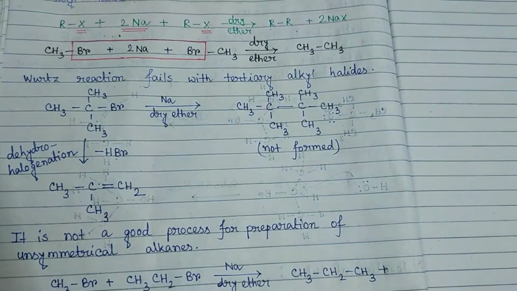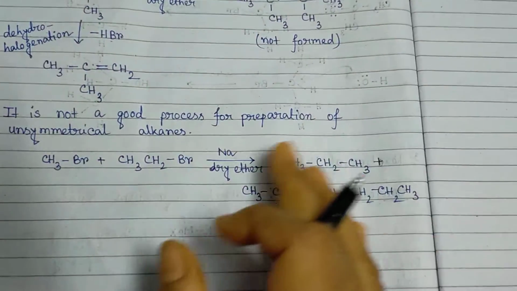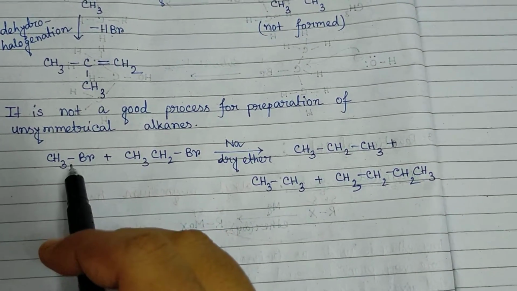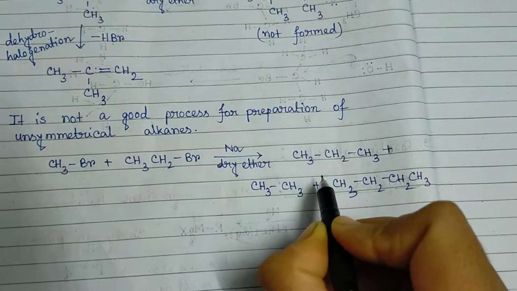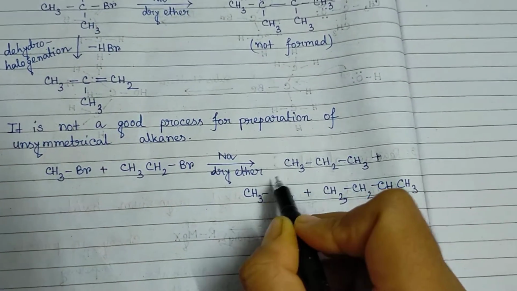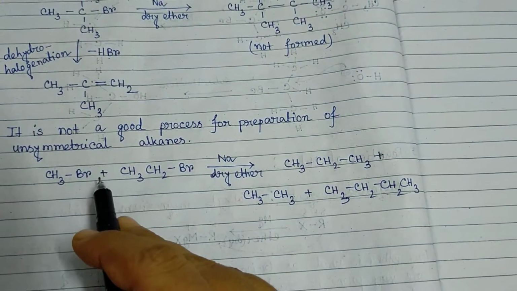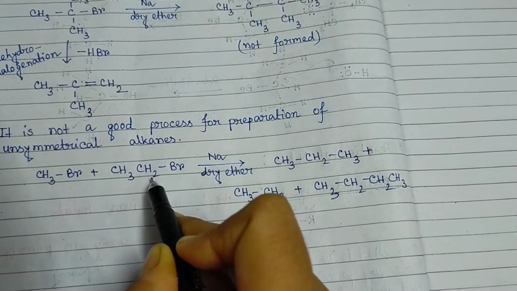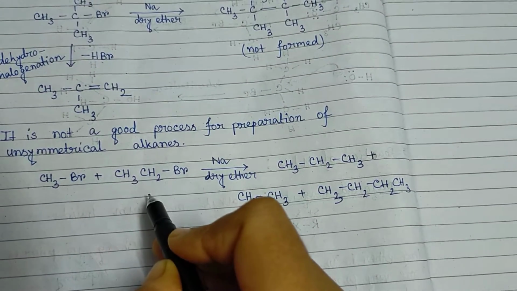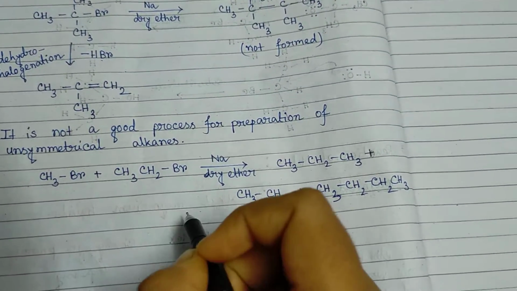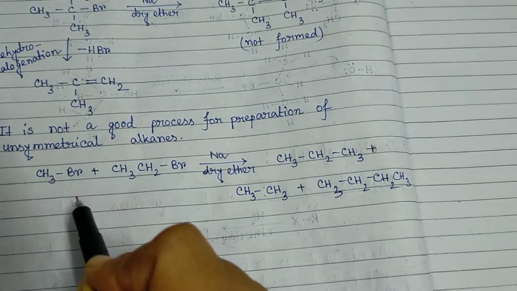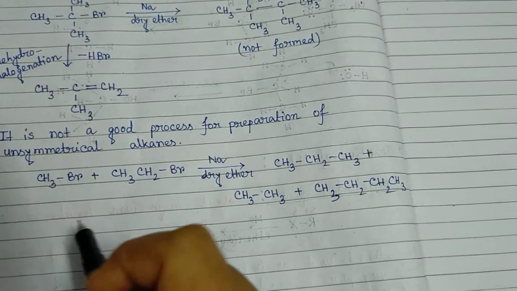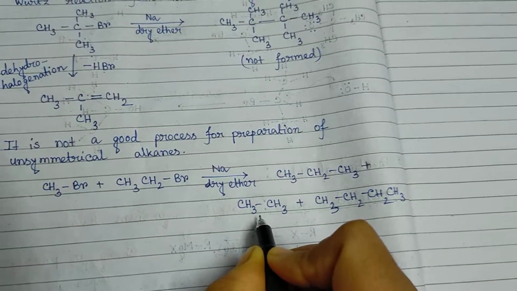Also this Wurtz reaction is not a very good process for the preparation of unsymmetrical alkanes. Why? Because if we are trying to prepare some alkane with 3 carbons, then we have to take 2 alkyl halides, one with 1 carbon and the other with 2 carbons. So what will happen then? Then we can have a mixture of products. That means the methyl bromide will undergo self condensation and give the product ethane.